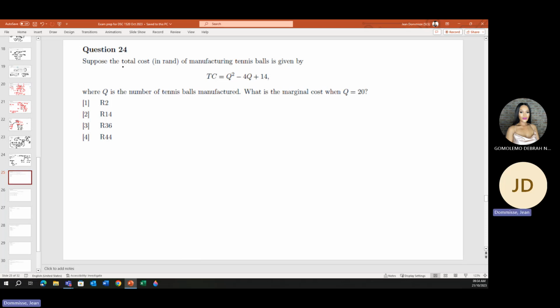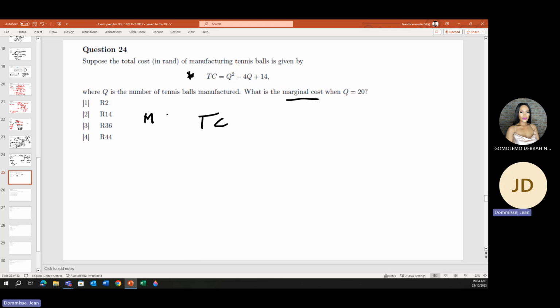So suppose the total cost of manufacturing tennis balls is given by this quadratic equation, where Q is the number of balls manufactured. What is the marginal cost when Q is 20?